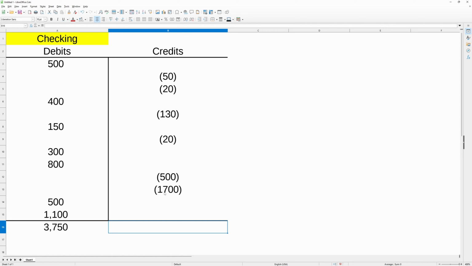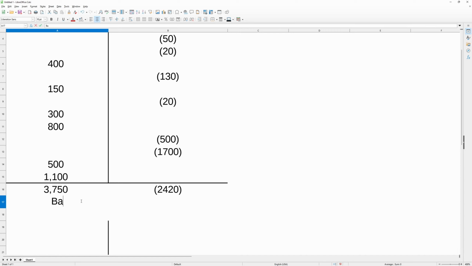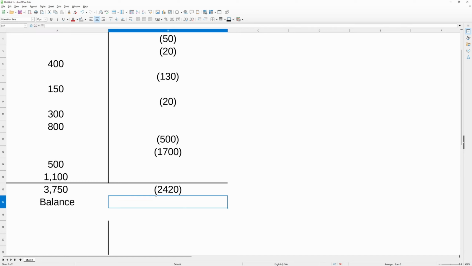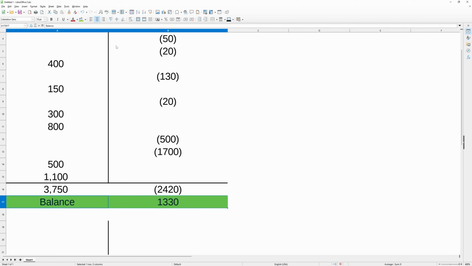So that's going to be 1,700, that's going to be 2,200, 2,300, 50, 2,400, and $20. So we will see that we have now gone from previously having a negative balance on our account to $1,330. So now we have in fact made money in this endeavor.